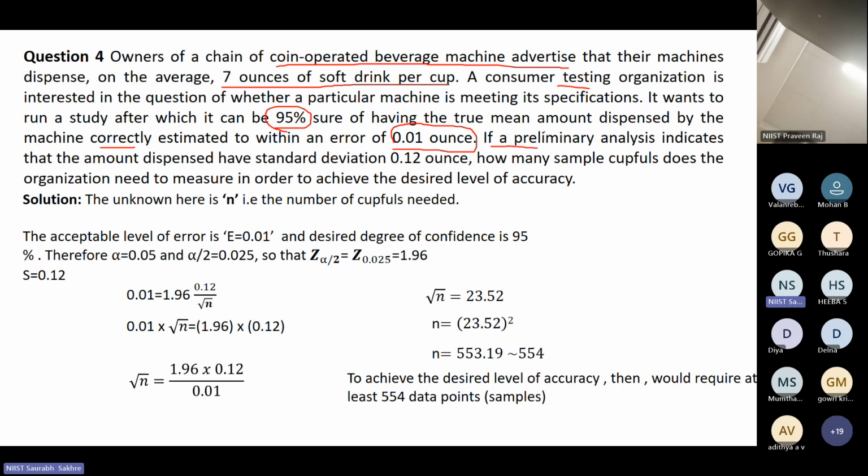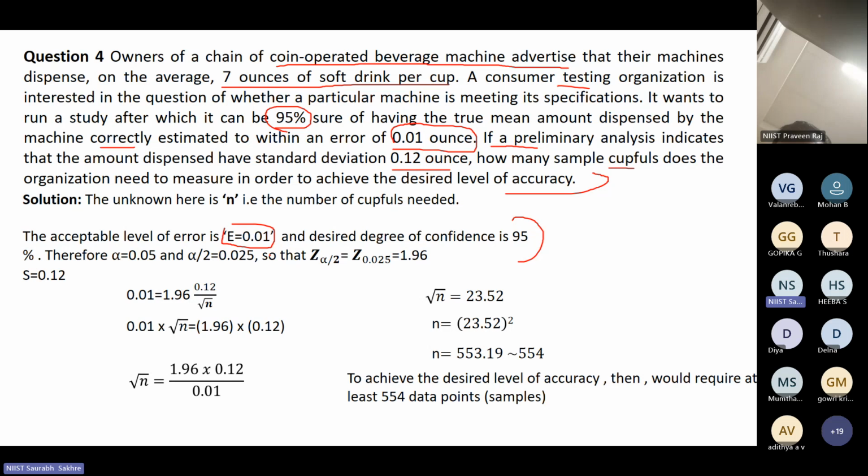If a preliminary analysis indicates that the amounts dispensed have a standard deviation of 0.12 ounce, how many sample cupfuls does the organization need to measure in order to achieve the desired level of accuracy? Now, instead of first measuring and then calculating, they have fixed the error and now they will take the sample cups. So the acceptable level of error E is 0.01 and the desired degree of confidence is 95%.